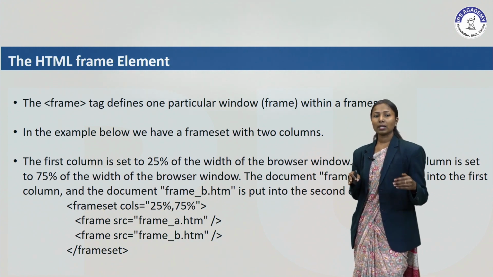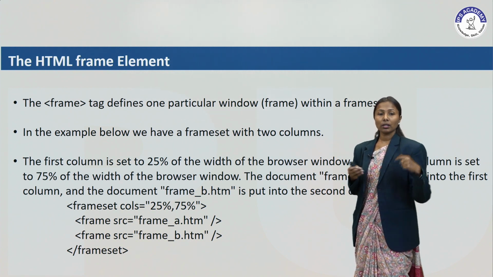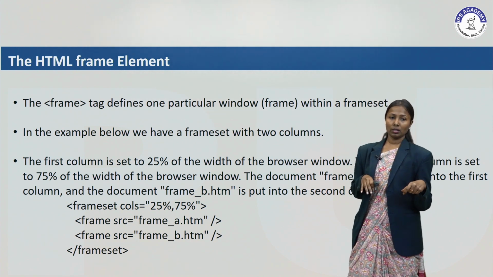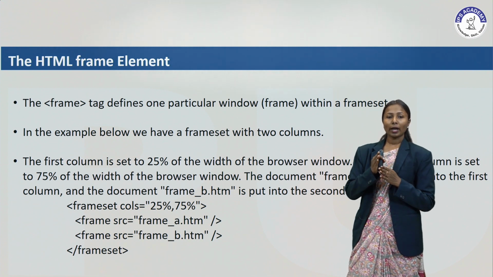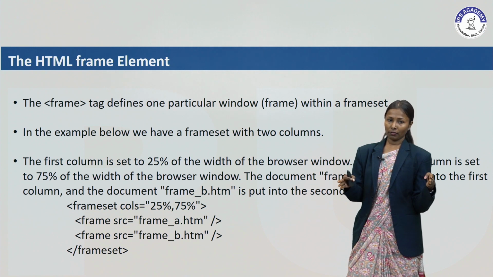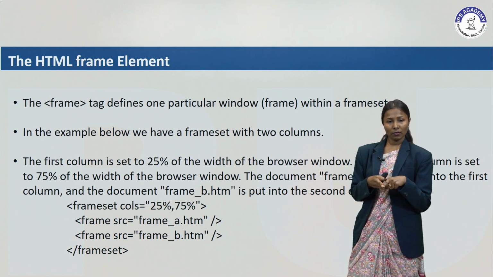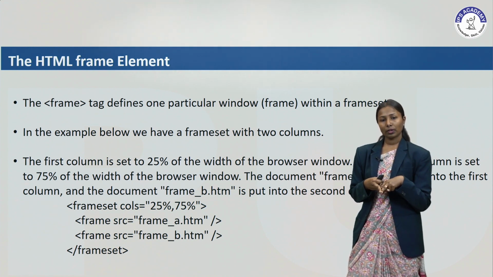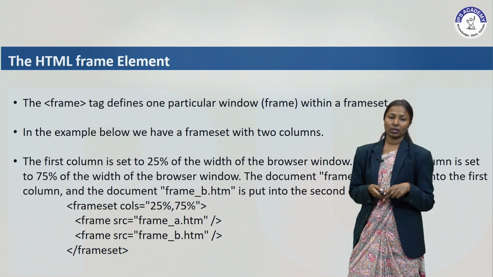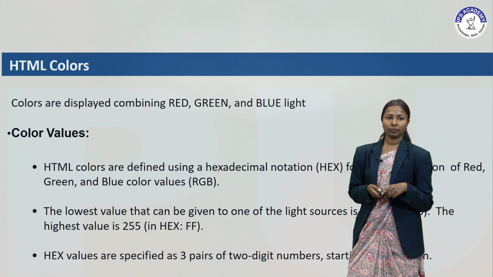And here I am writing frame src, that is source, meaning from where your data will appear in your frames. So I am creating two frames, one is 25% and one is 75%. In the 25% frame, frame_a.html will appear, and another one is frame_b.html, which is 75%. So for creating frames you have to use these attributes.